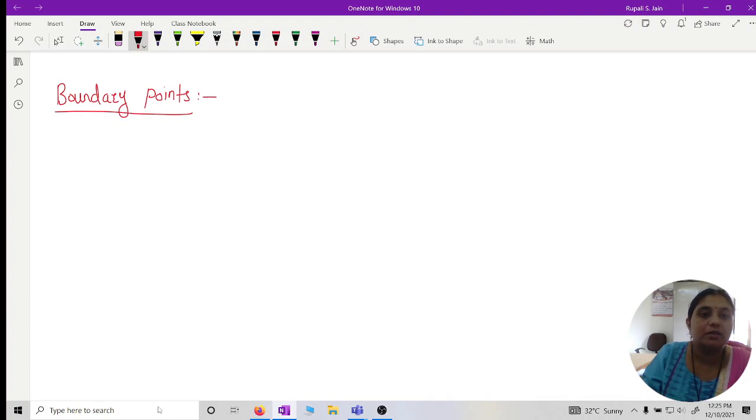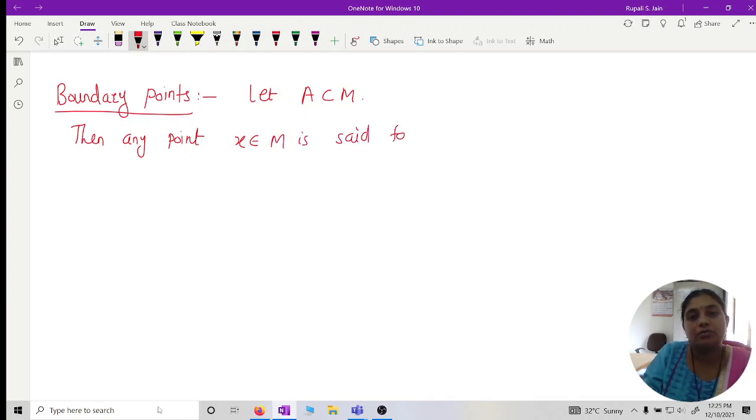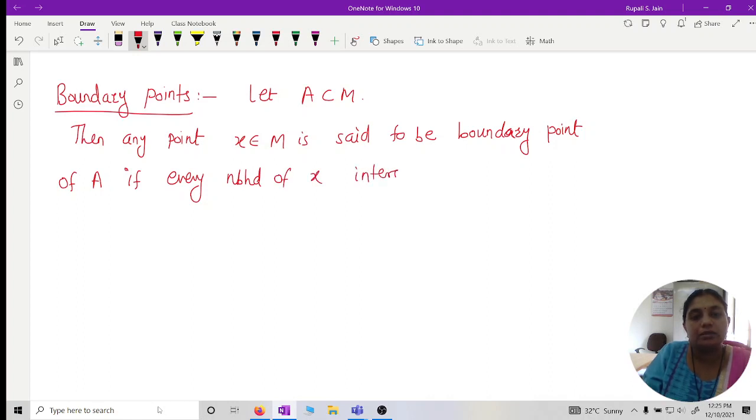So let A be a subset of M. Then any point x in M is said to be a boundary point of A if every neighborhood of X intersects A and A complement.